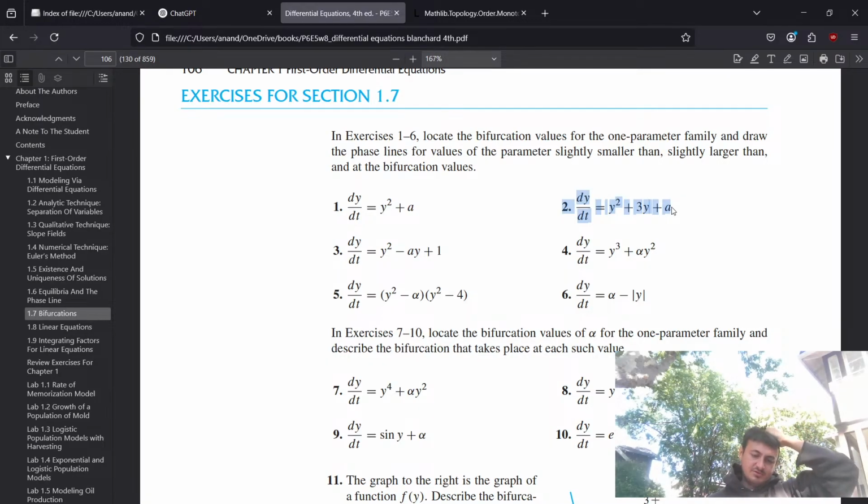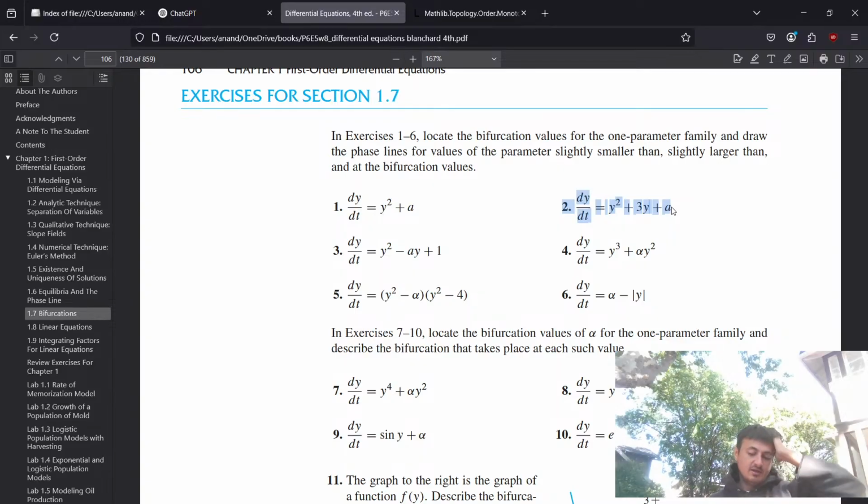Now, if we were to take the derivative, so now we want the linearization test. So for the linearization test, we're going to get 2y plus 3 is equal to f_a prime of y. So we're going to get minus 3 plus 3 is equal to 0.